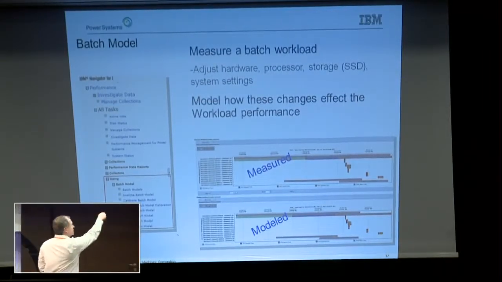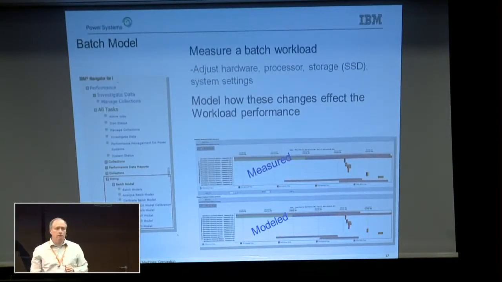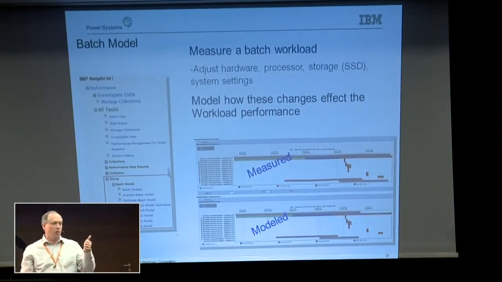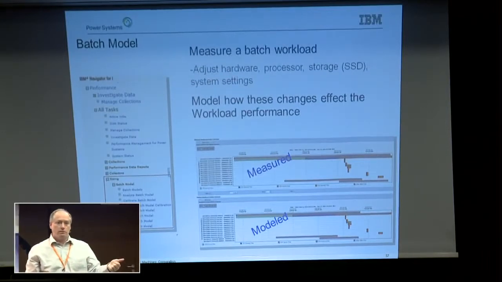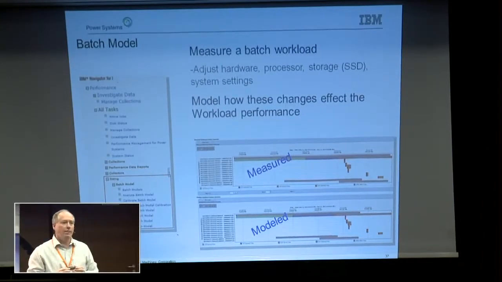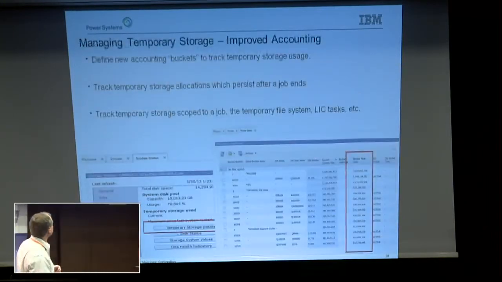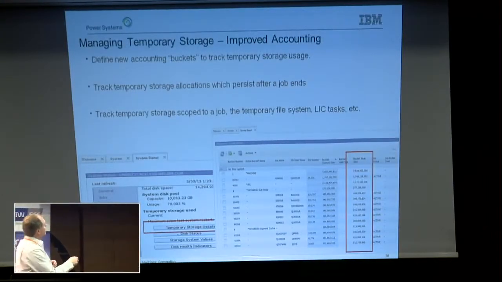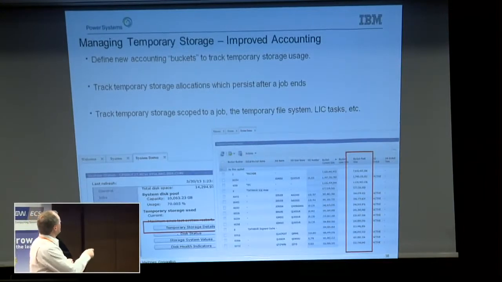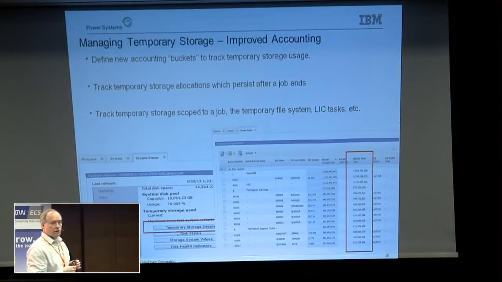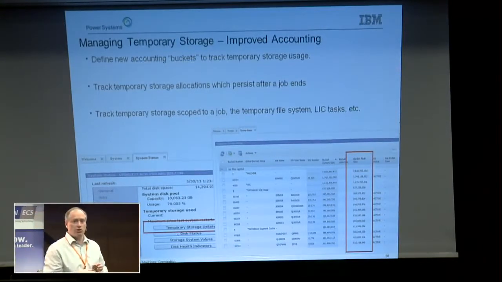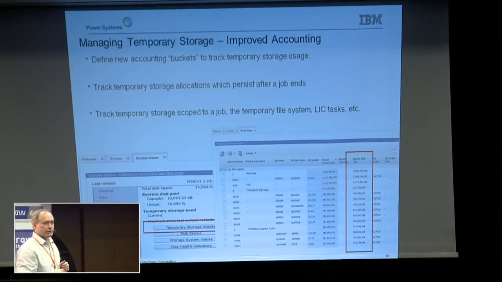And I get a side-by-side comparison. So you can change both system configuration and hardware configuration and model what that changes are. We also added in 7.2 improved accounting, so I can actually go and see my max storage, temporary storage, and who's using it. Which job has the most temporary storage?